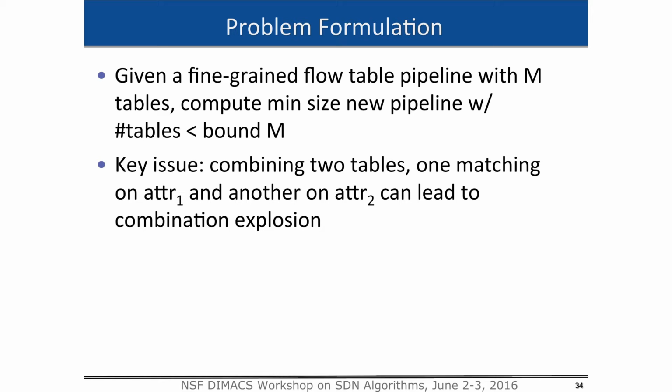The basic idea of Magellan is that every instruction can be seen as a table, so now we want to aggregate them into fewer tables. But if we just combine any two tables, say one table matching on attribute 1 and the other matching on attribute 2, it can lead to combinatorial explosion, the cross product again. So that makes all our efforts a waste.